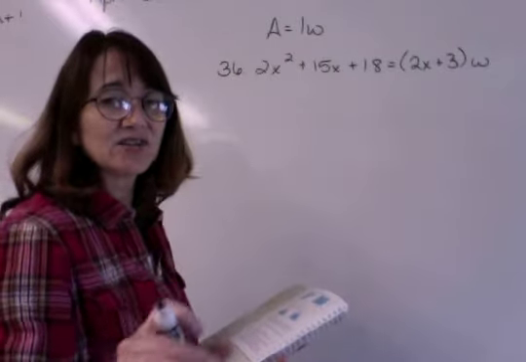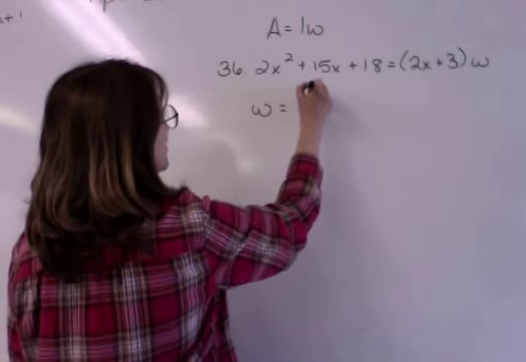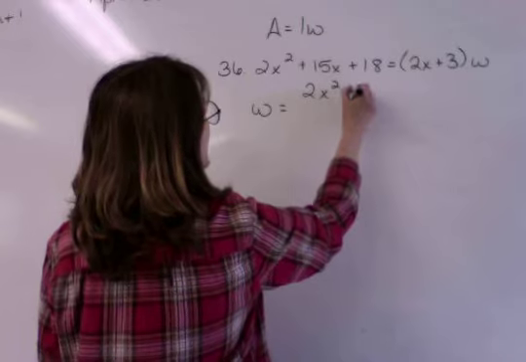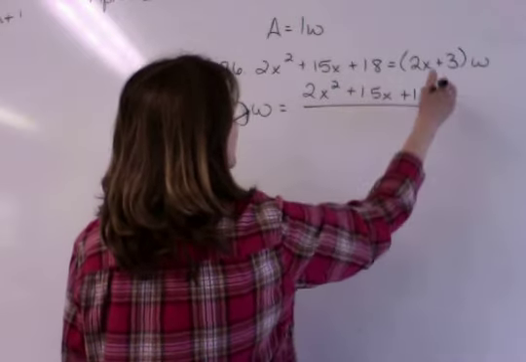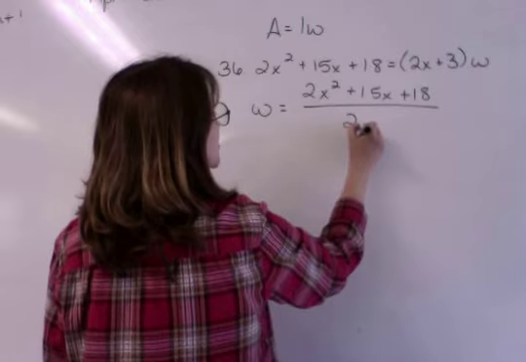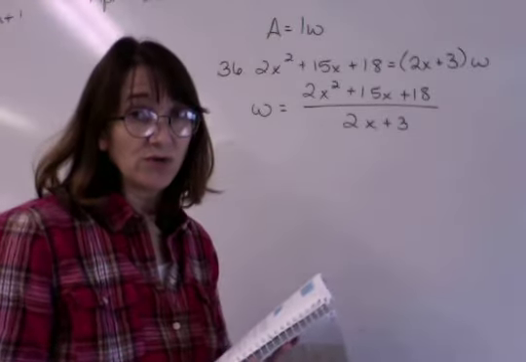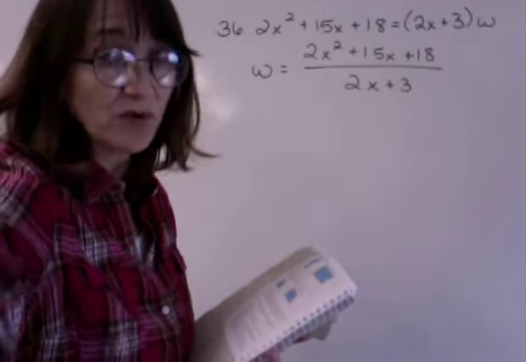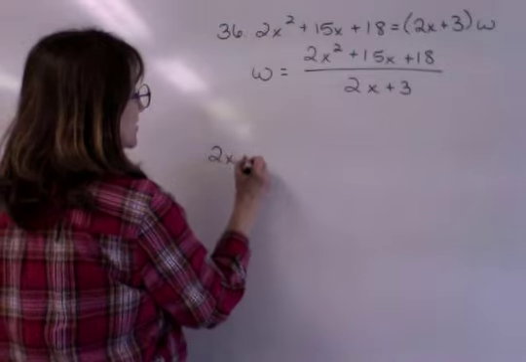So in effect, in order to figure out w, 2x squared plus 15x plus 18 is going to be divided by this binomial, which is 2x plus 3, which is going to be some long division for you. So here's one more long division problem that we can do. We have 2x plus 3.